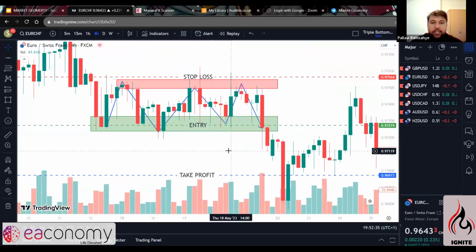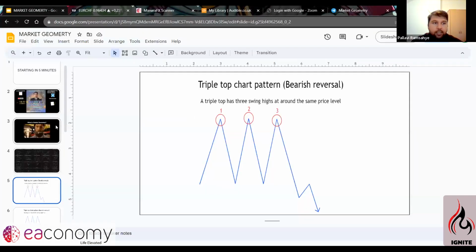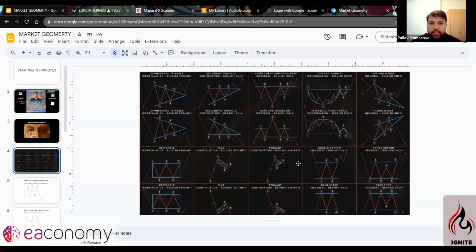It doesn't have to be this specific pattern. It can be any of the other patterns that I've mentioned here. We previously went through the rectangle pattern. It could be the triple bottom and triple top. One thing I want to point out here is, as you can see, the two lower points are not particularly touching these support levels.